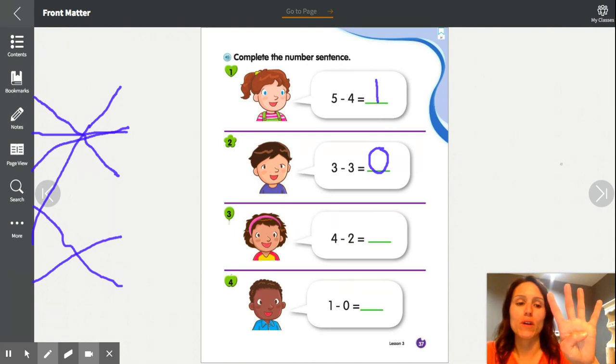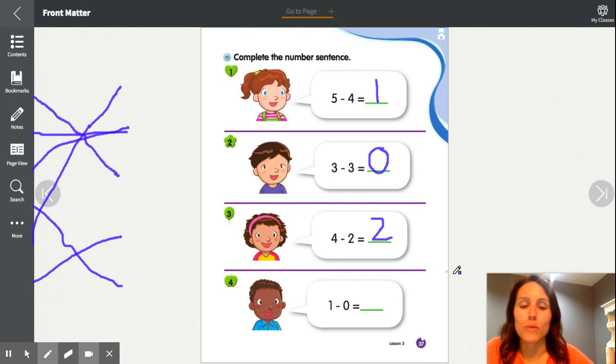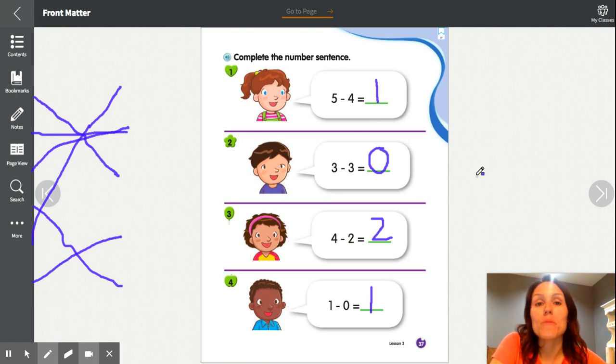So if I have 4 and I'm subtracting and taking away 2, 1, 2. How many do I have left? 2. Good. And then the last problem on this page is 1 minus 0. If you have 1 of something and you take nothing away, then you still have 1.